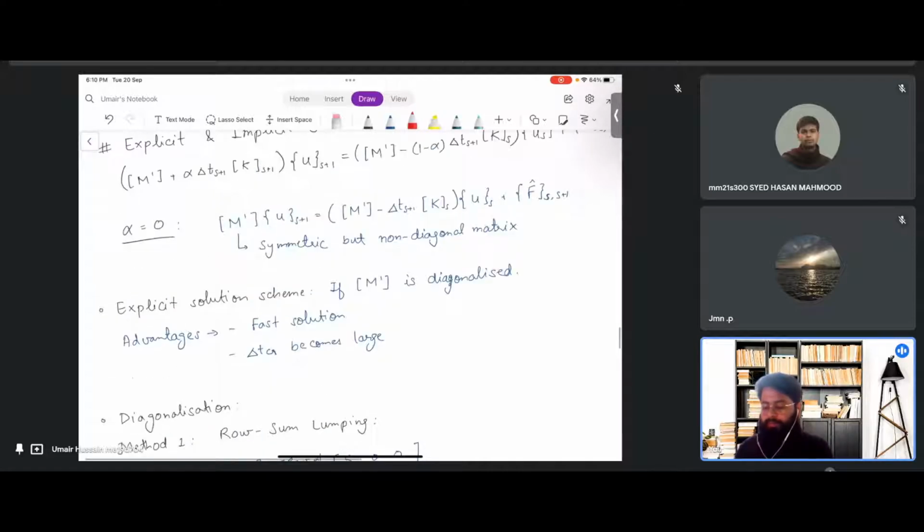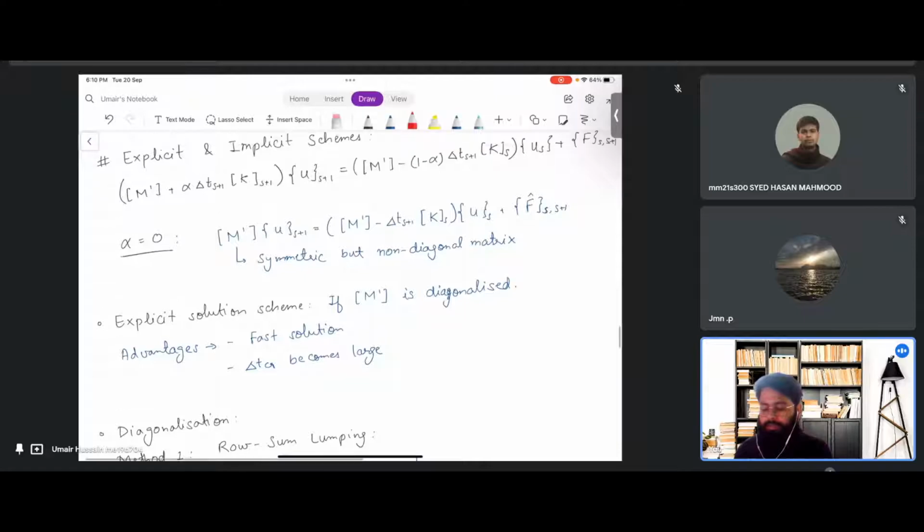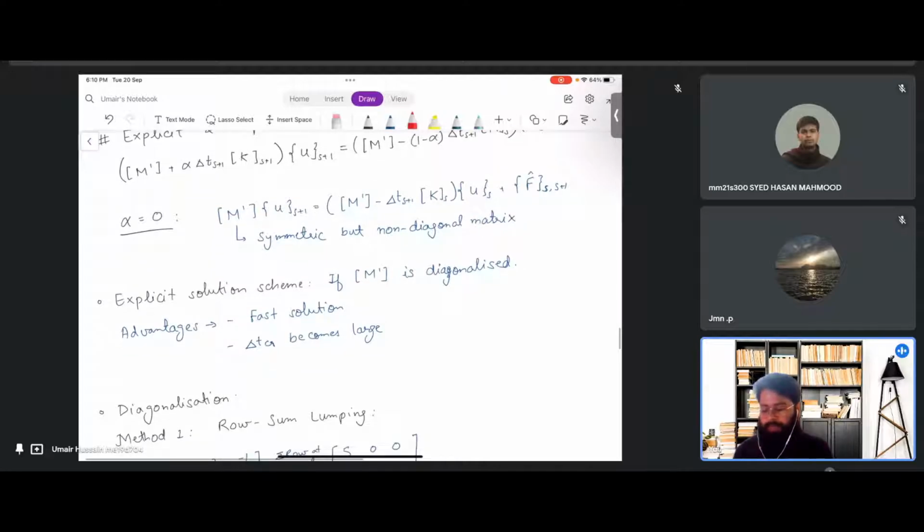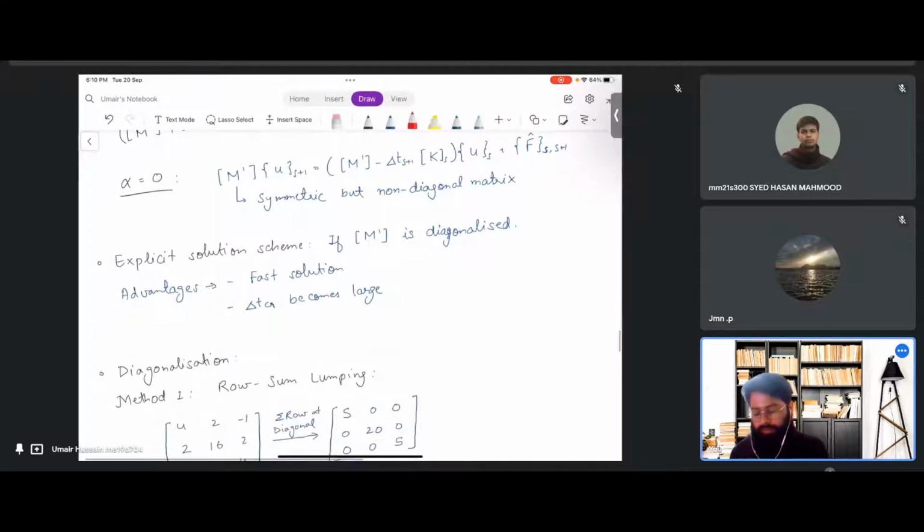Yeah, so now we have explicit and implicit time schemes. To solve these problems, one way we can go is to convert our mass matrix into diagonal terms.